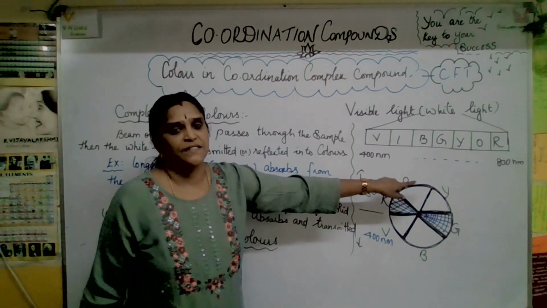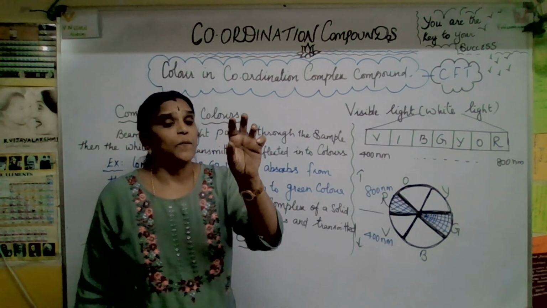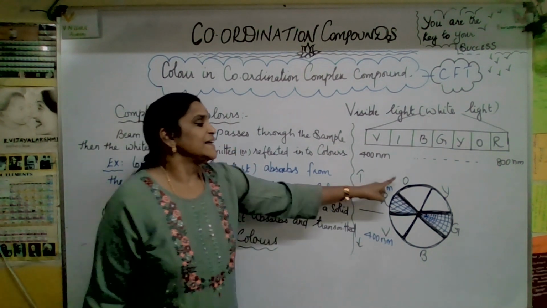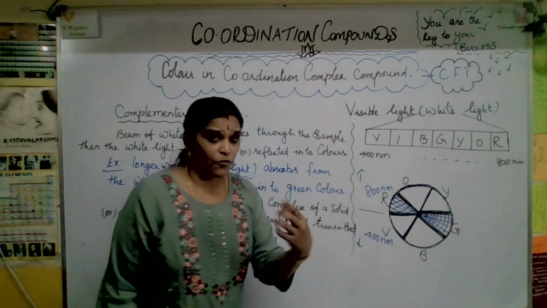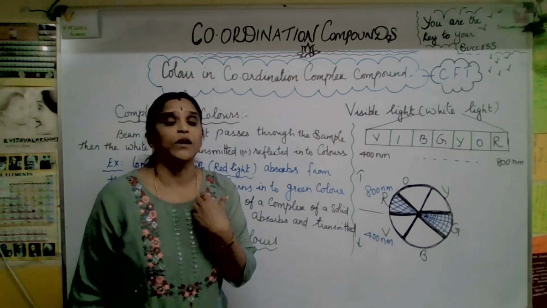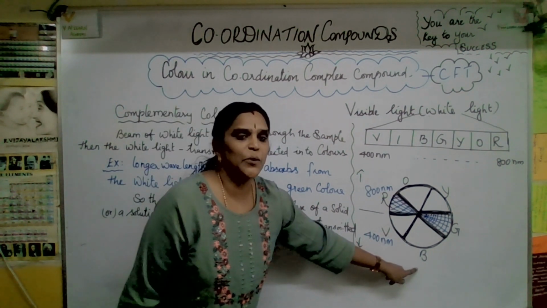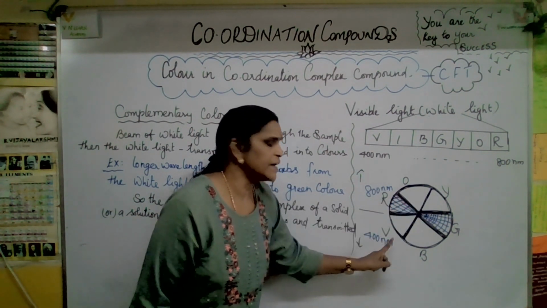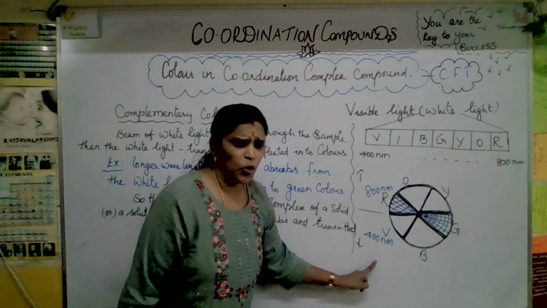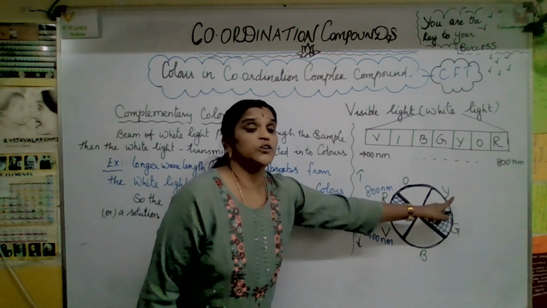Now suppose the coordination complex compound absorbs white light. If it absorbs orange, the opposite color it appears is blue. In the same way, violet color means lower wavelength, and it shows yellow.